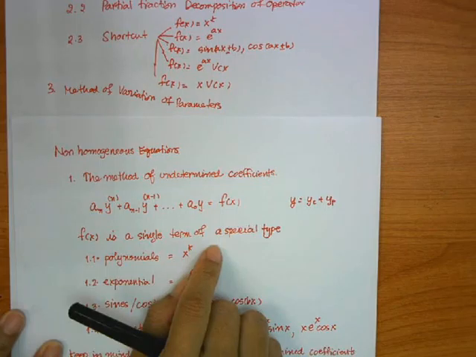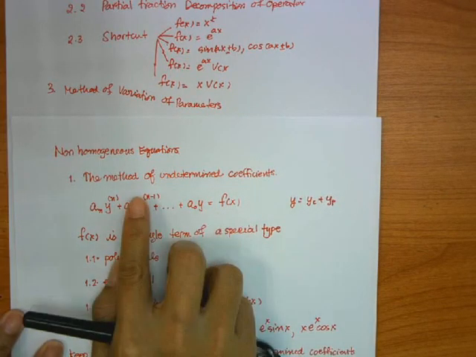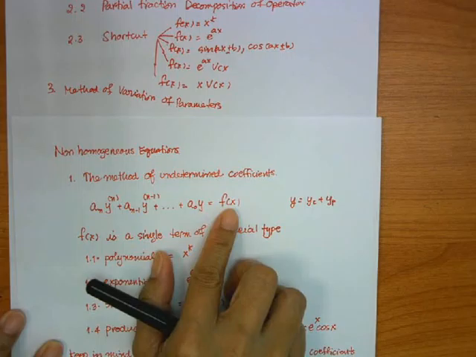If you want to find yp by using the method of undetermined coefficients, you have to check your f(x).